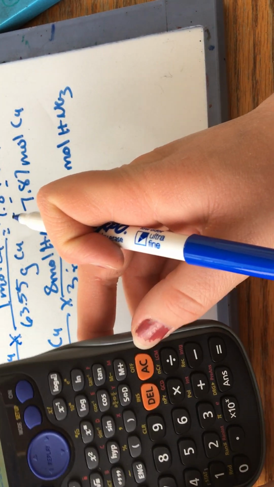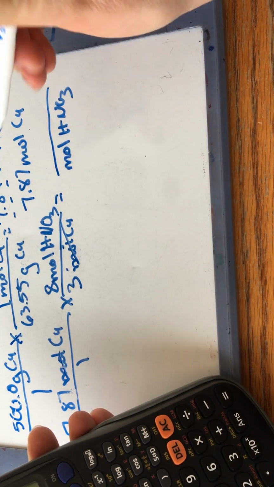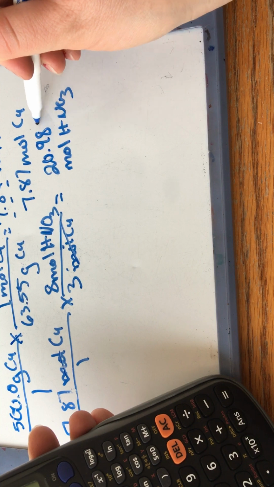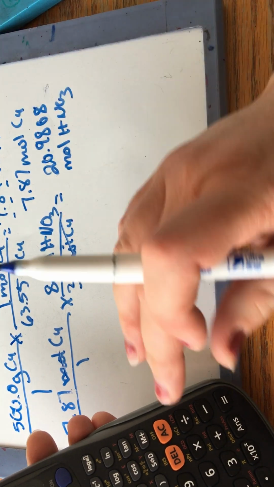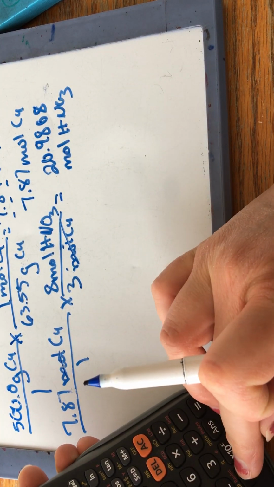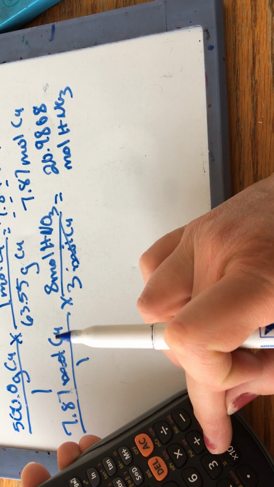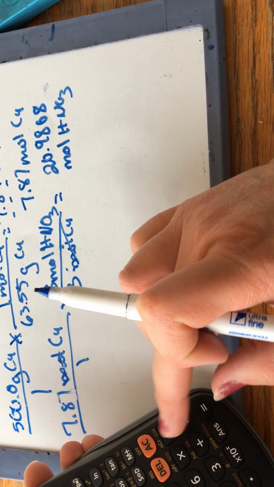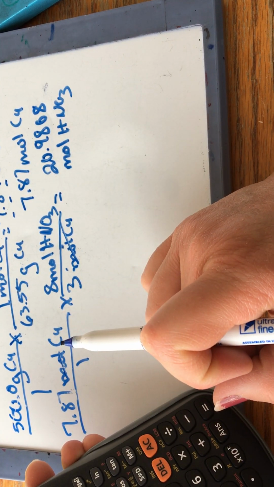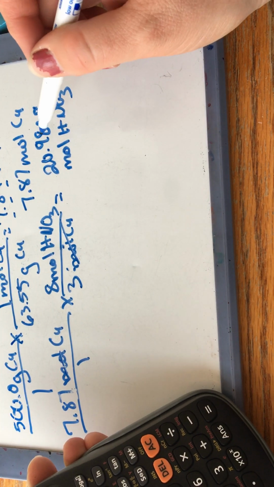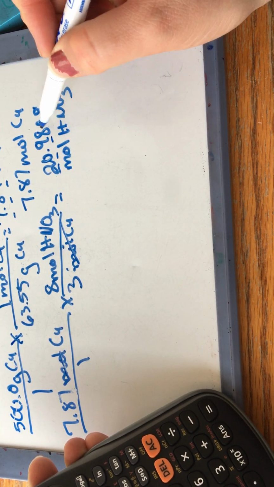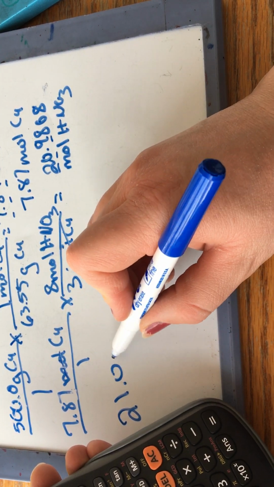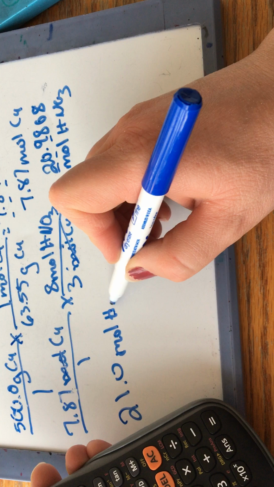And we should get 20.986. So if we're doing sig figs, it's going to be 21.0 mole nitric acid over 1.